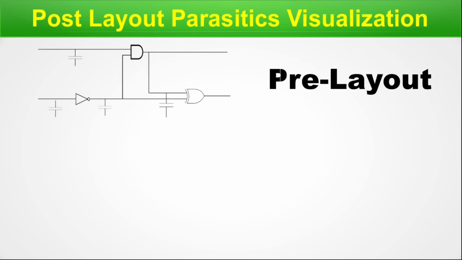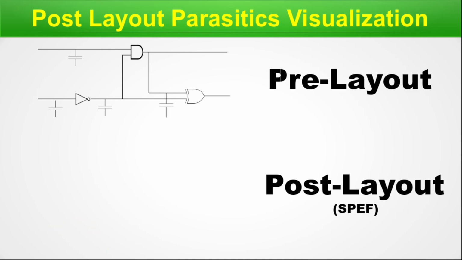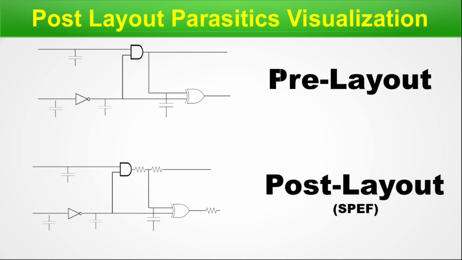This is our pre-layout synthesized netlist. You can see that these are several logic gates and their interconnection. Now, this is the post-layout parasitic RC annotated netlist. Can you spot the difference? Yes. This and this.